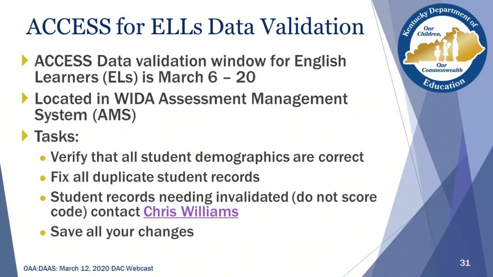And so they've taken that data, as well as for our kindergarten, our alternate assessment students who took paper pencil. Our students who also took paper pencil were Braille and large print students, and they have taken all that information and our demographic information and put it into the WIDA AMS system for you as a DAC or BAC to go in and check that information one more last time before your reports are printed for you and/or shipped to you.